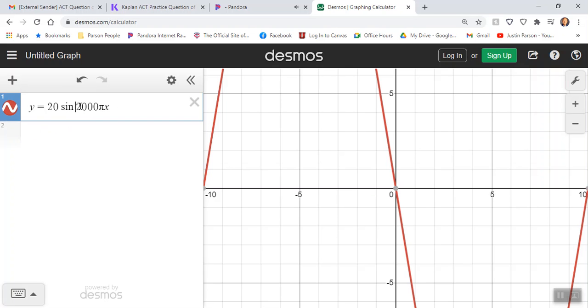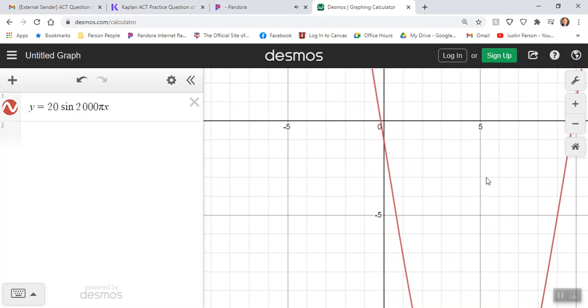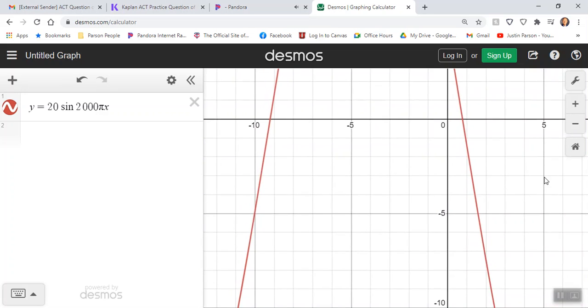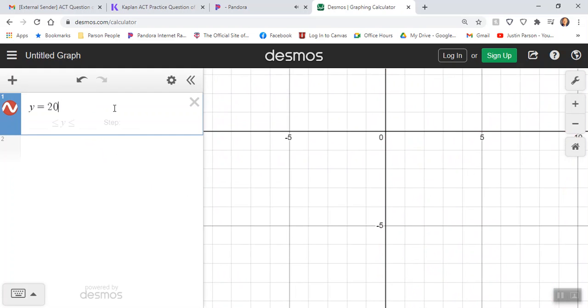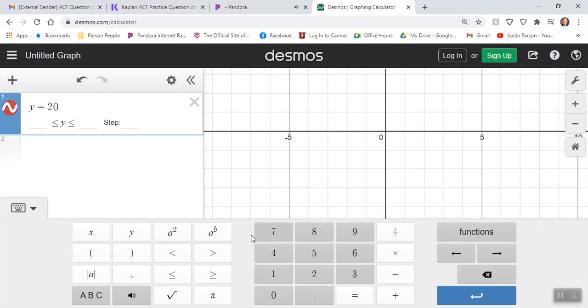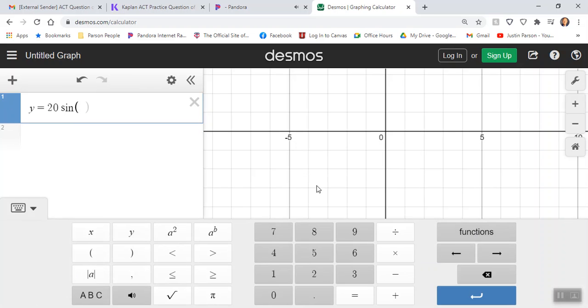Is there a space there? Something ain't right. Why would it look like that? It looks like there's a space between your 2 and the zeros. What do we get? 2,000 pi x? Yeah. Yep.